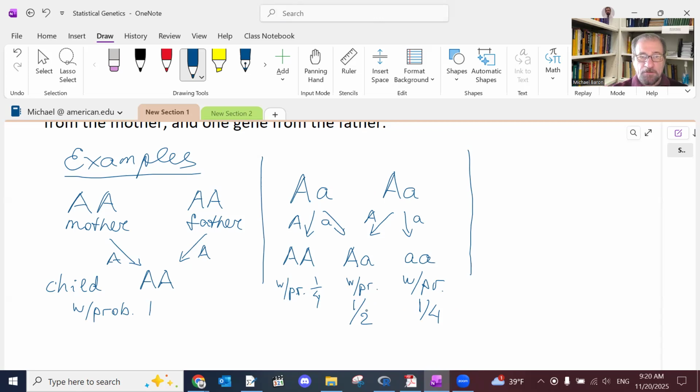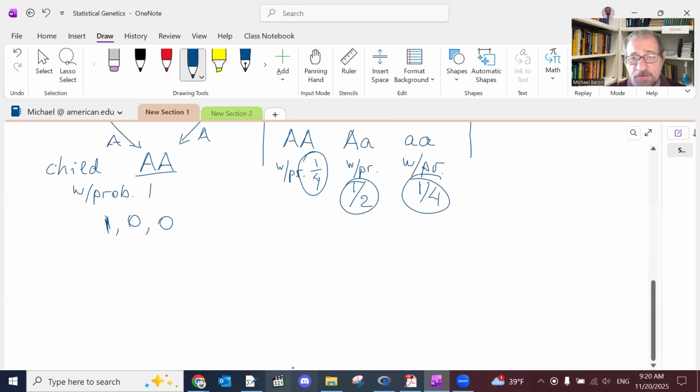So here, in this generation, the distribution was 1, 0, 0. With probability 1, we have both genes dominant. And in this population, it's 1/4, 1/2, and 1/4. So the distributions can be different.